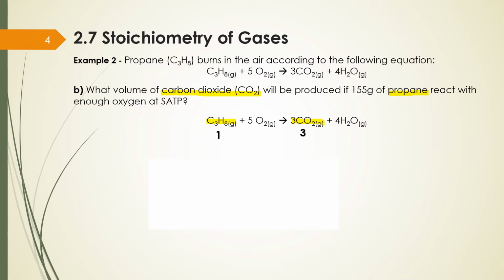So what else do I have here? I know that 1 volume of propane produces 3 volumes of carbon dioxide. And I also have 5 O2 and 4 H2O. But I don't need to worry much about it for now, okay?